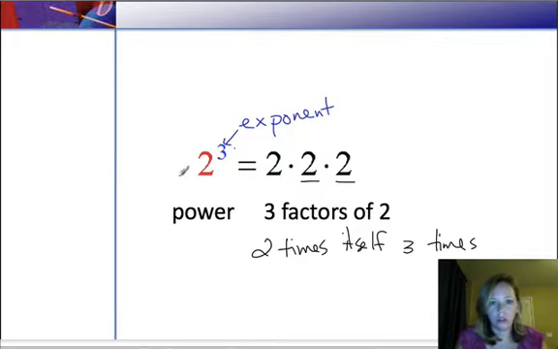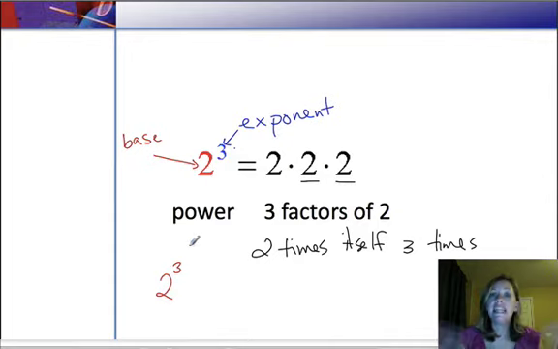And the 2 is called the base. We say that the base is raised to the exponent. The whole expression is the power. We sometimes say 2 to the third power, but really this whole expression here is the power. 3 is the exponent, 2 is the base, 2 to the third is the power expression.